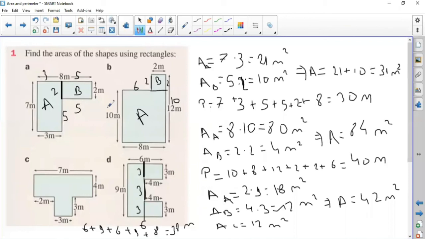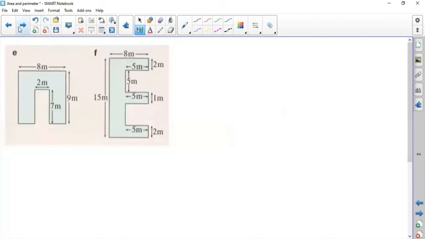This is the way we find the area and perimeter of these shapes. Now let's solve F. Who wants to do F? Teacher, please. Eralba.